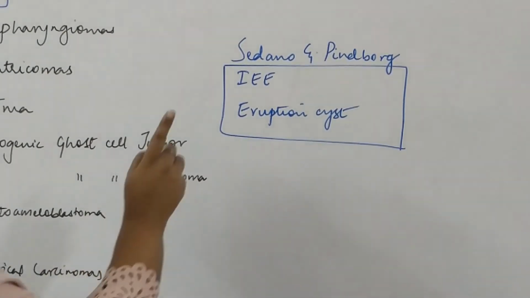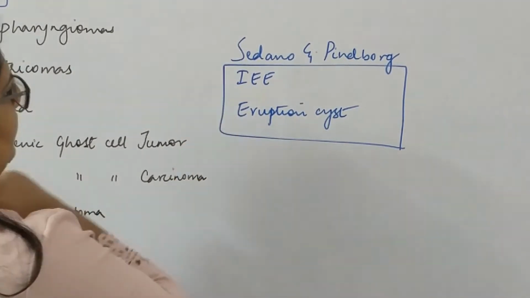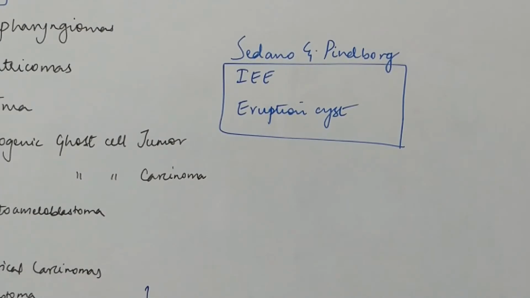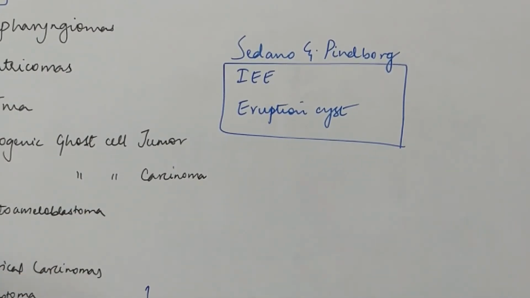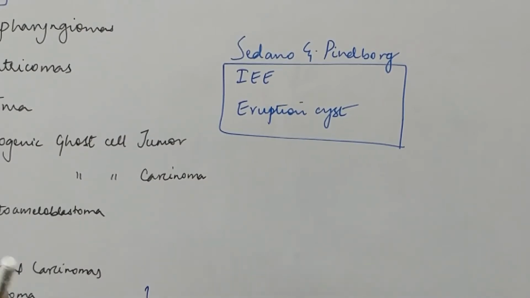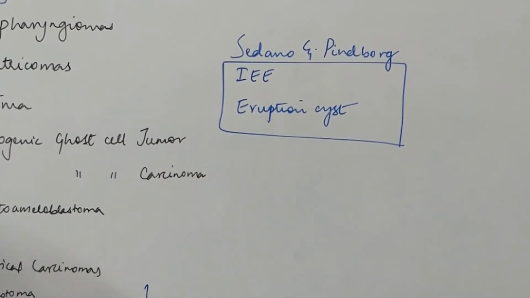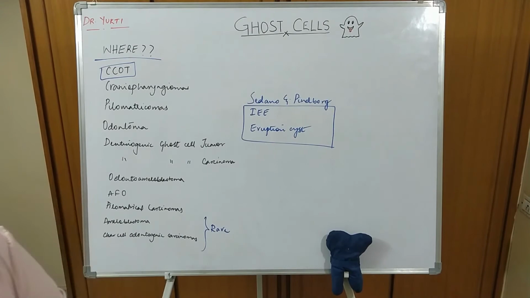Sedano and Pindberg have noticed some ghost cells in the inner enamel epithelium in a developing human tooth, or it can also be seen in eruption cyst. Both related to the tooth. Now moving on to how they are seen. When I say how they are seen, I am going to discuss the various stains that are used to observe ghost cells. Okay, so let us see that.